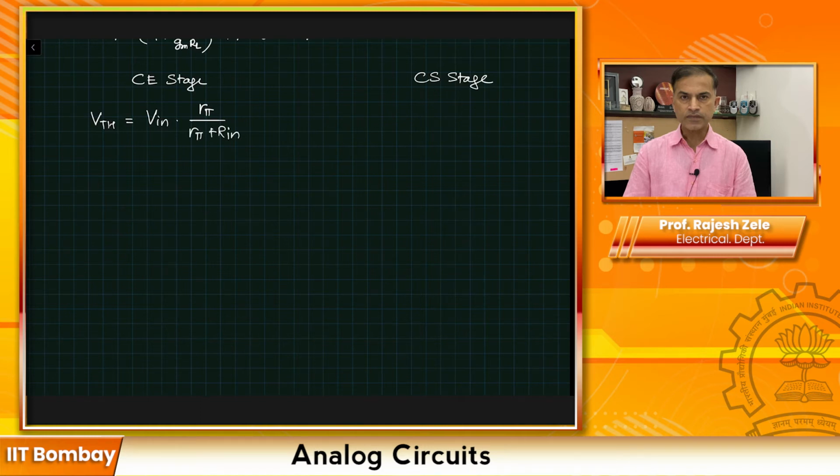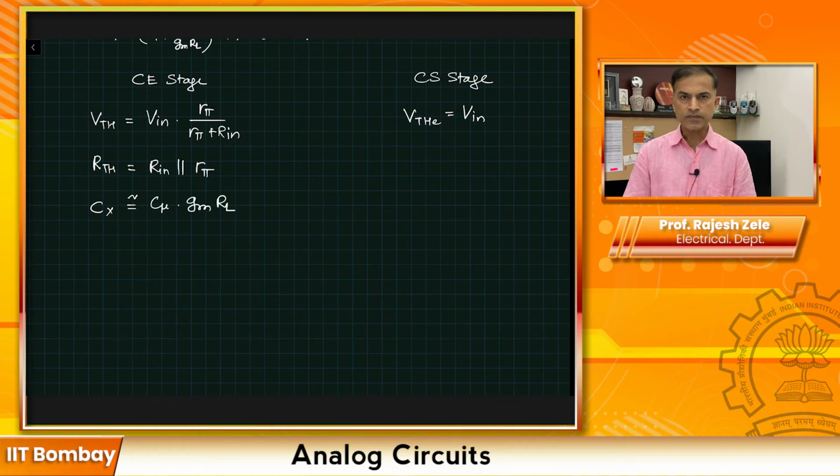In the case of the common source stage, the terminology might be confusing here, apologies for that, but this is the Thevenin, let's call it VTHE, and that would be equivalent to V in, since the gate to source resistance is infinite. RTH is equal to R in parallel R pi, and CX, which is the capacitance going from node X to ground, will be approximately C mu times GMRL.